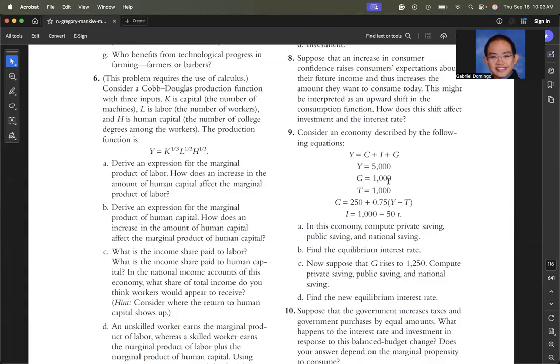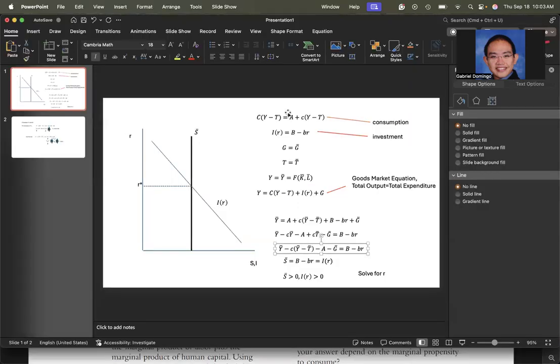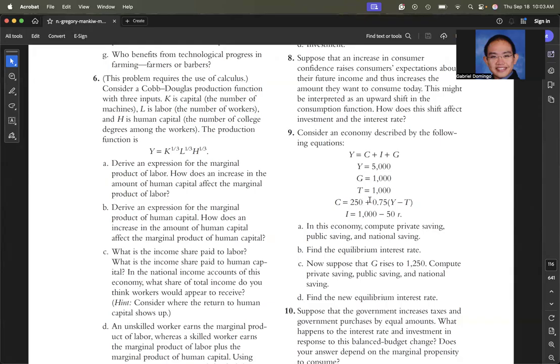G is G bar, which is 1,000. T is T bar, which is 1,000. Here is your consumption function, which is exactly this one. So now your A is 250. Your small c is 0.75. This is your marginal propensity to consume. And then your Y and your T come from here. So you can just literally plug in 5,000 minus 1,000 here.